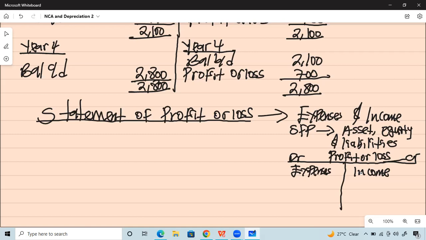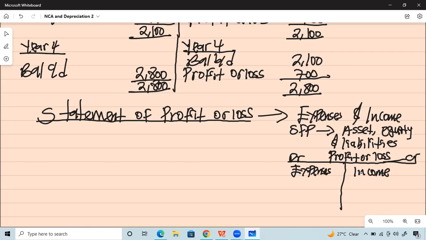If someone says credit statement of profit or loss, it means that particular item is income.